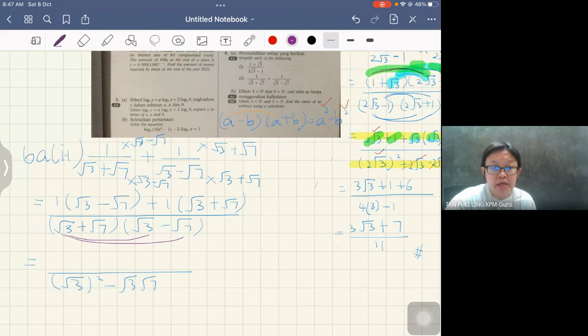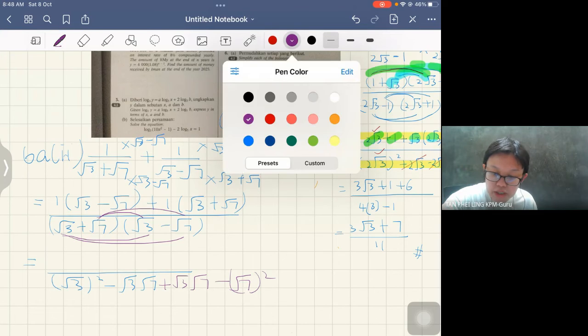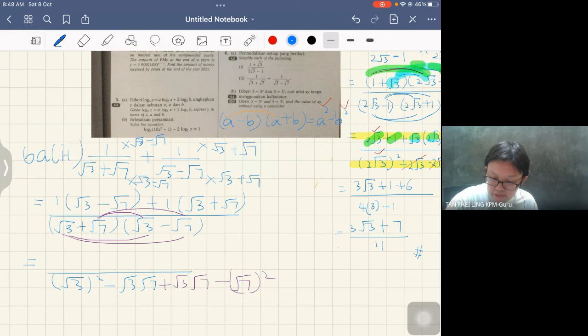Then the second term, square root 7: square root 7 times square root 3, I have plus square root 3 square root 7. Square root 7 times square root 7, I have minus square root 7 whole thing squared. Can understand, right, Nurin? Keep doing more and you will understand even better.